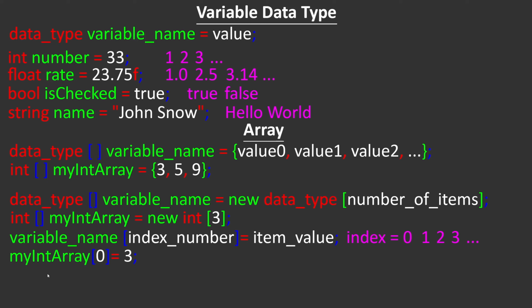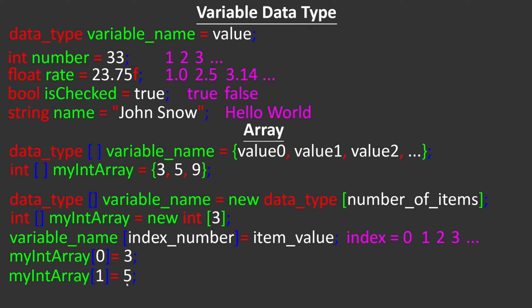For example, myIntArray, open square bracket, 0, close square bracket, equal 3, semicolon. Here, we are assigning the value 3 to the first item by passing the index of that item between the two square brackets. myIntArray[1] equal 5.